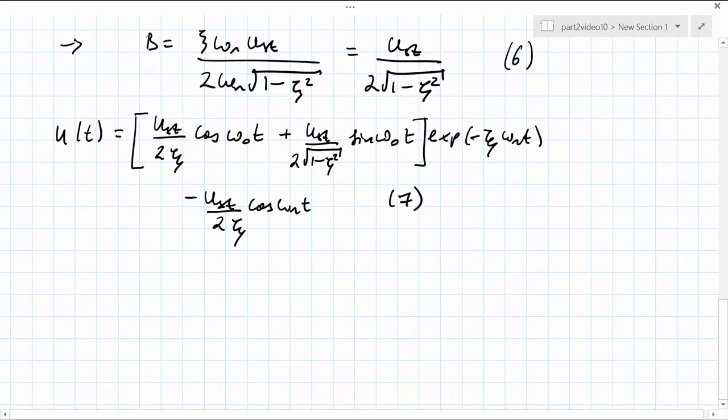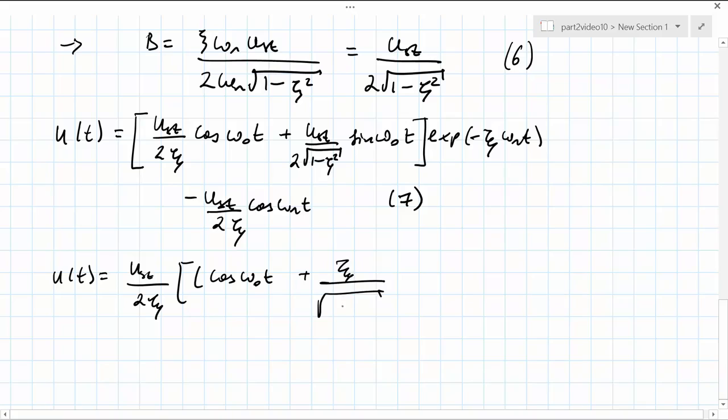Or, if we simplify this again, we have u static divided by 2 zeta times cosine omega d t plus zeta over the square root of 1 minus zeta squared times sine omega d t, times the exponential function of minus zeta omega n t, minus cosine omega n t.